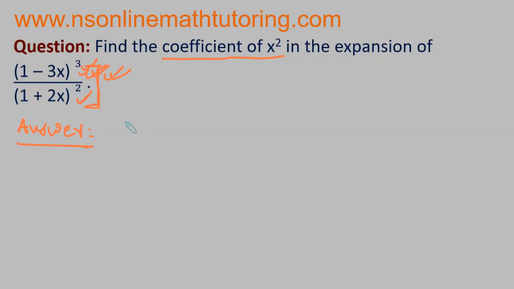So (1 minus 3x) raised to the power of 3 over (1 plus 2x) raised to the power of 2 can be written as (1 minus 3x) raised to the power of 3 times (1 plus 2x) raised to the power of negative 2. Okay, these two are getting multiplied together.